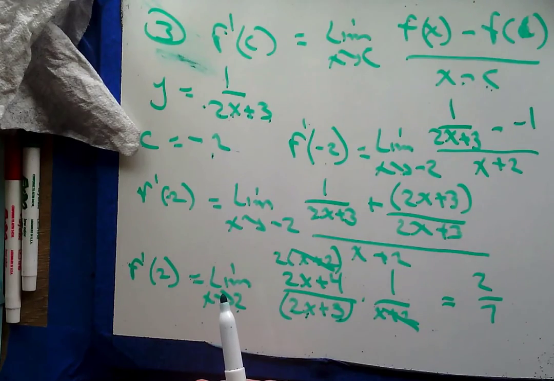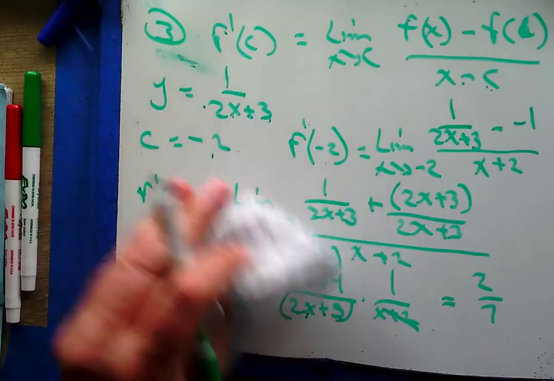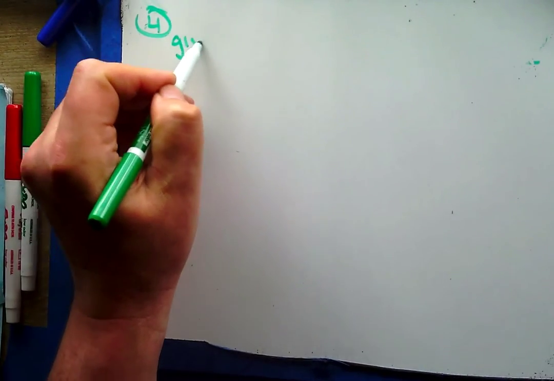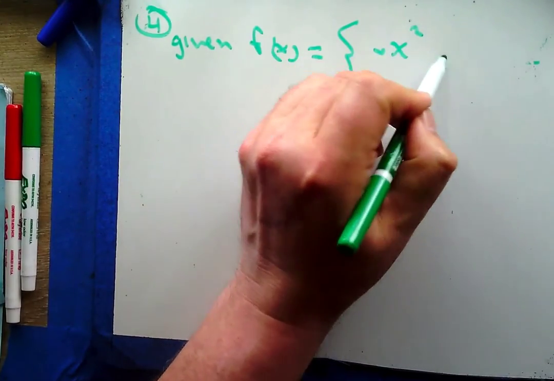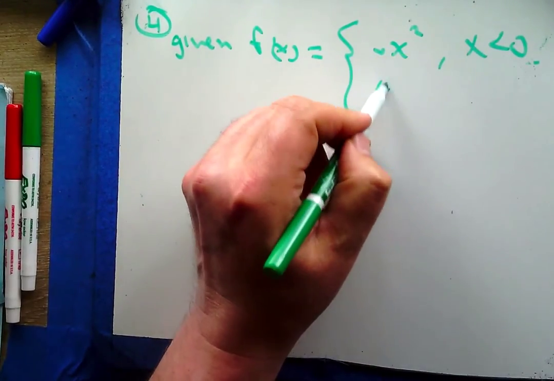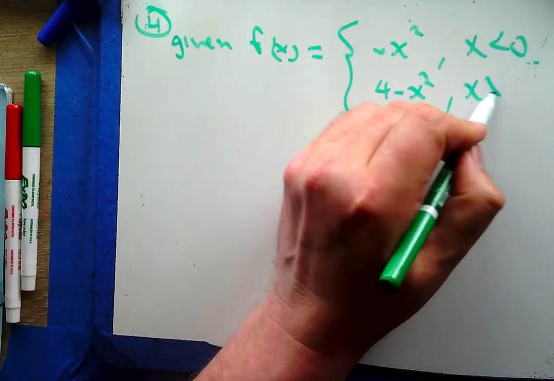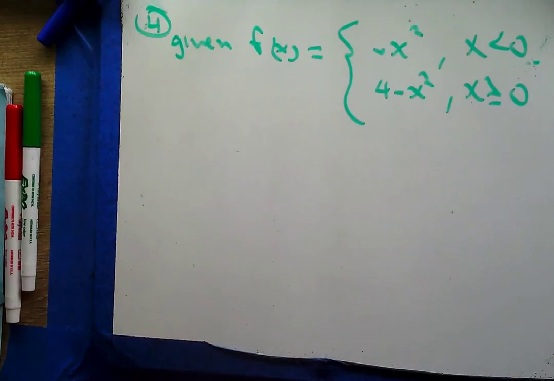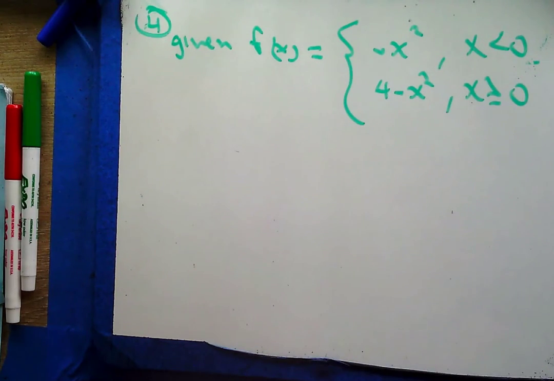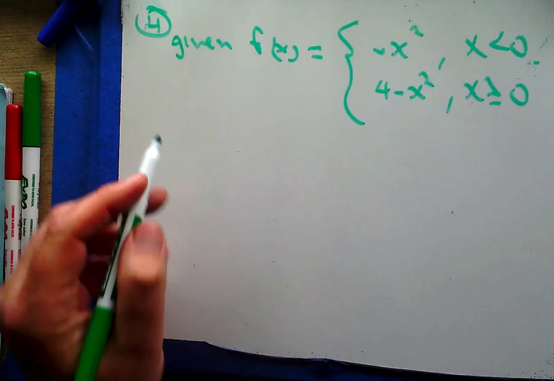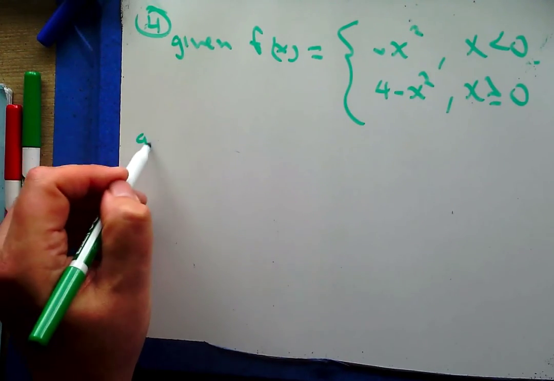All right, what's next? Number 4 says, given that f of x equals -x squared for x less than 0 and 4 minus x squared for x greater than or equal to 0, A, write the equation for f prime.